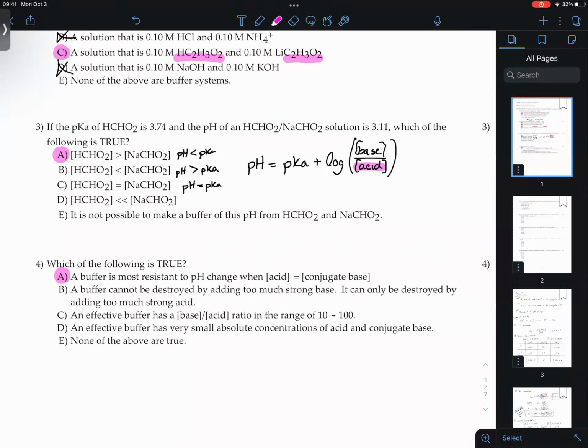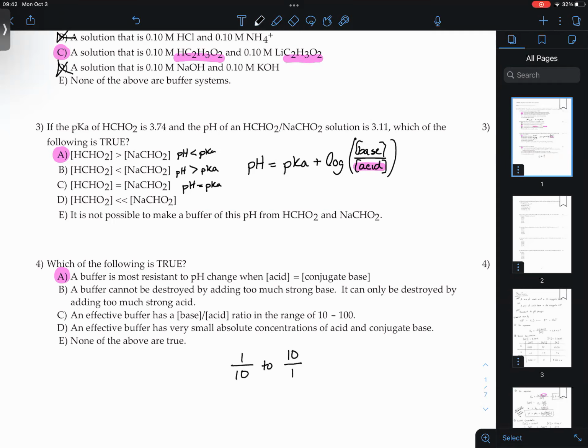You can absolutely ruin a buffer by adding too much strong base, just like you can ruin it by adding too much strong acid, right? It's resistant to this pH change, but as soon as it's outside of that effective range of plus or minus 1 to the pKa, it's not going to do its job of being a buffer anymore. Okay, and we talked about this effective ratio, but the range that we talked about was 10 over 1 and 1 over 10, right?